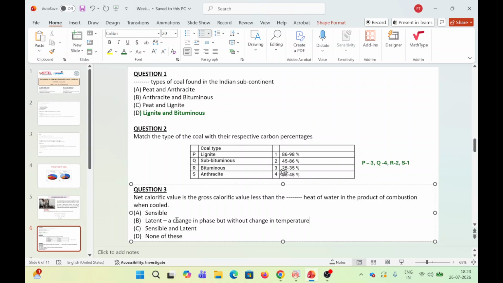Have a look at the internet on what is latent and sensible heat and what is the difference between both of them. But we will discuss this in the next session. I'll mark it now. I want people to go and have a look at it. Definition and difference.